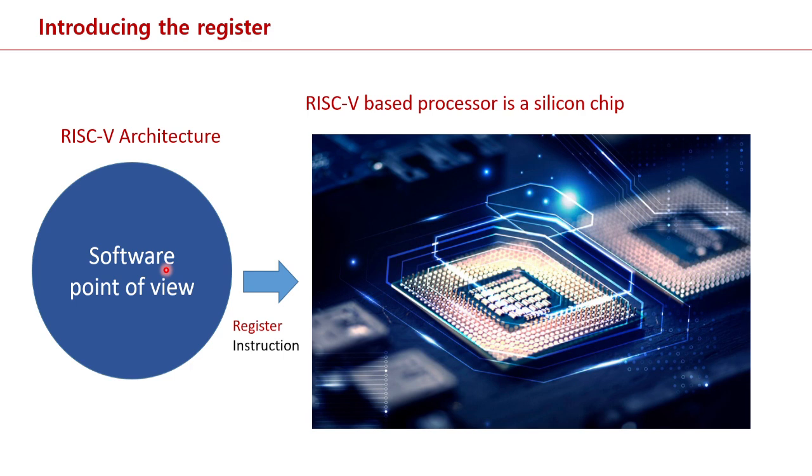But in order to check whether the processor runs the machine code in the correct manner, we should check the value of the register before and after an instruction. So I can say that the activity of debugging is to check the value of the register before running an instruction and after running an instruction. That is why understanding how the register is organized is important.